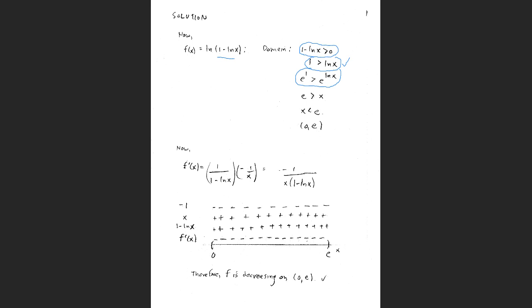Dividing or multiplying by a negative would change the inequality sign, but not exponentiation. So e to the log of x is just equal to x. That means e is greater than x, but you're probably used to seeing it as x is less than e, and therefore 0 to e is your domain. That's your domain.